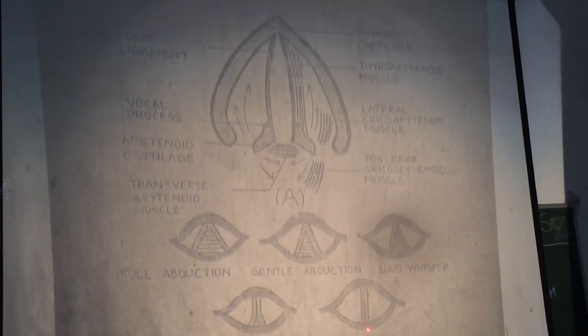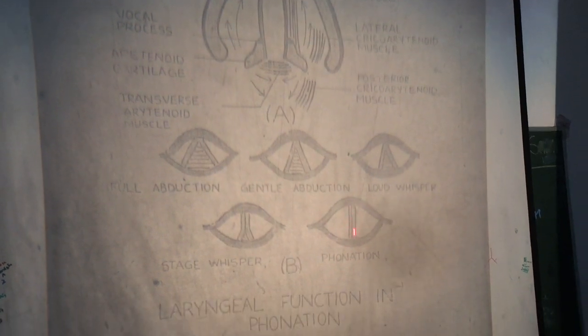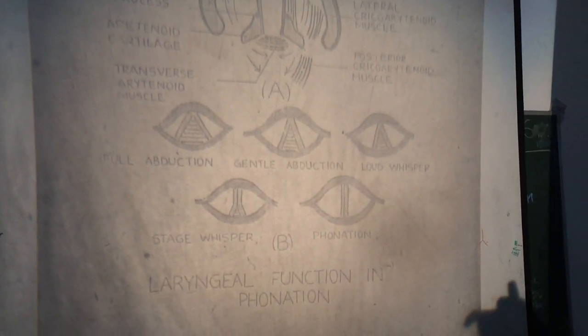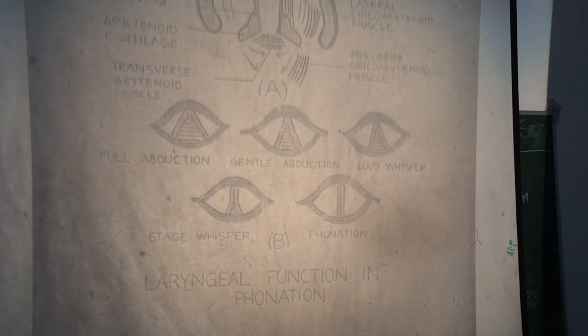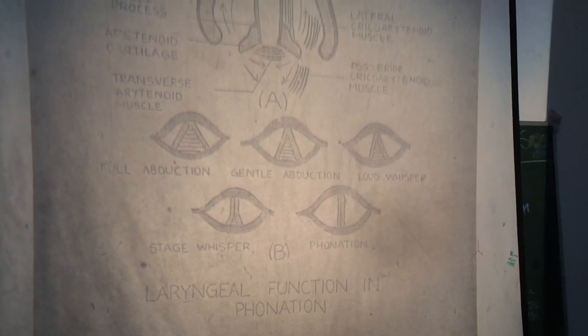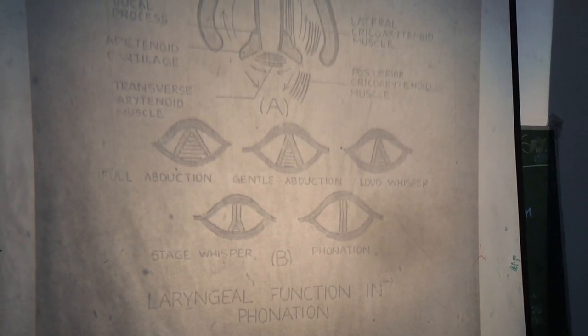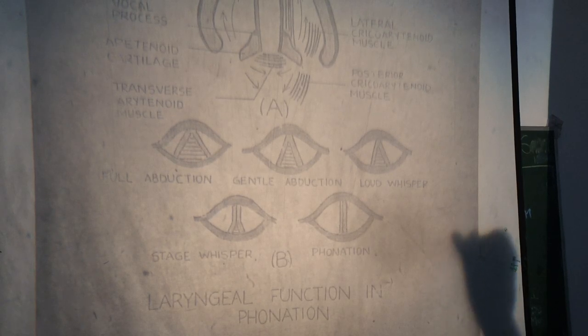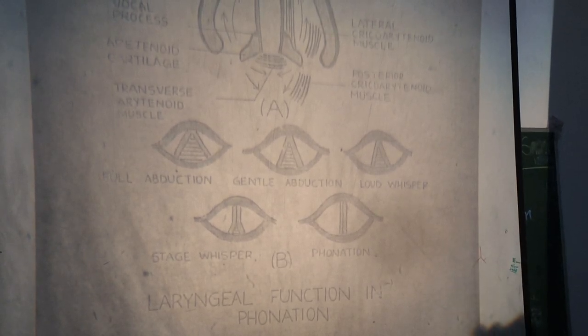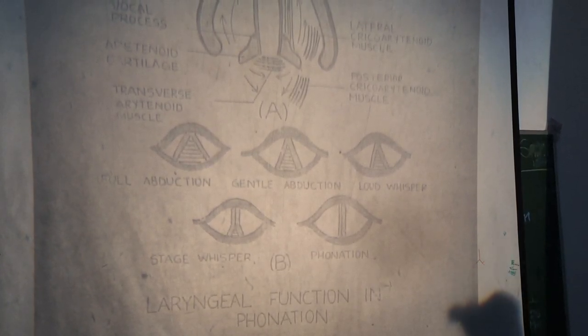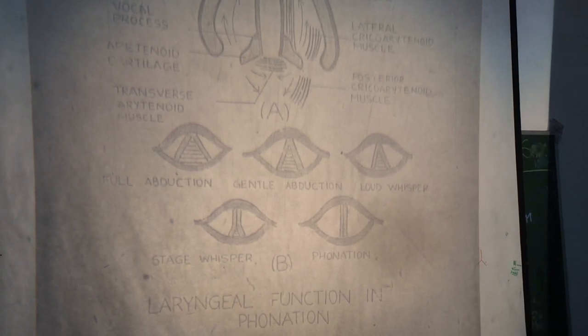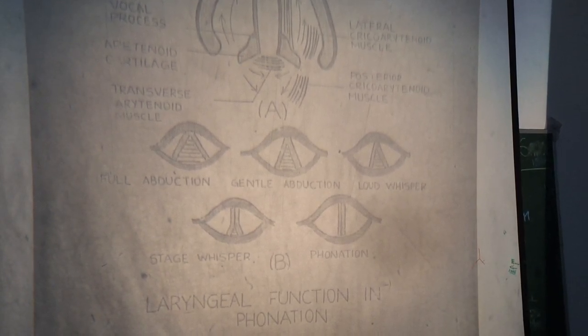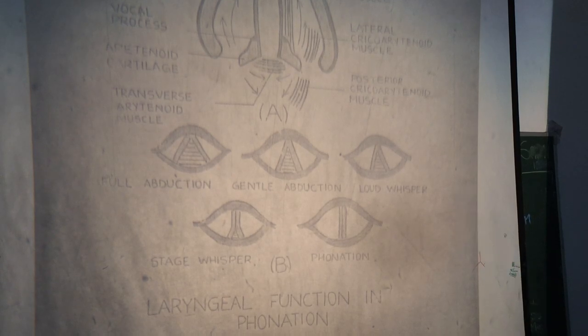You see, this is phonation, and vocal cords are adapted, in contact with each other. When we want to phonate, through the recurrent laryngeal nerve, impulses go to the adductors of the vocal cords, and vocal cords become adducted.